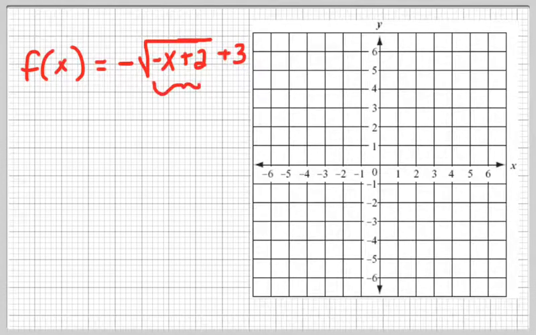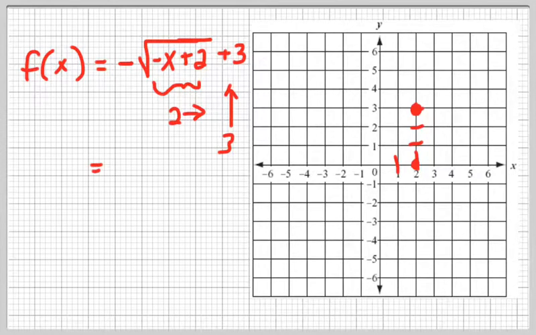What we notice in here, first of all, is that positive 2 makes that inside equal 0 at x equals negative 2, and the plus 3 is going to shift it up by 3. So this is going to be a shift left by 2 and a shift up of 3. So our new starting point is right there.